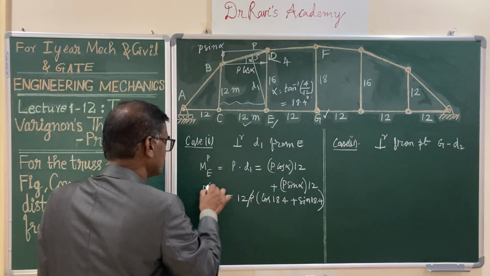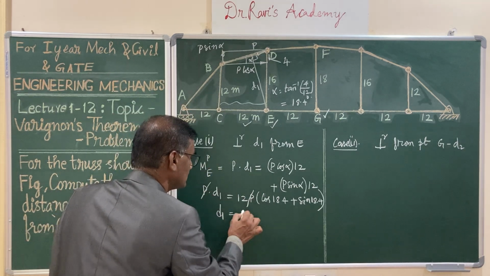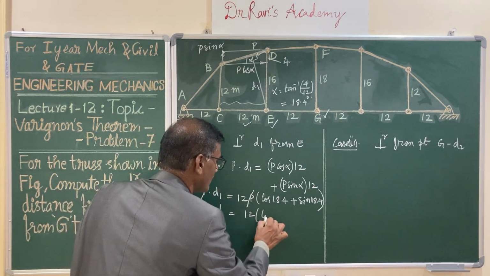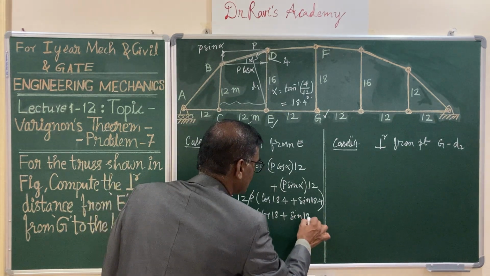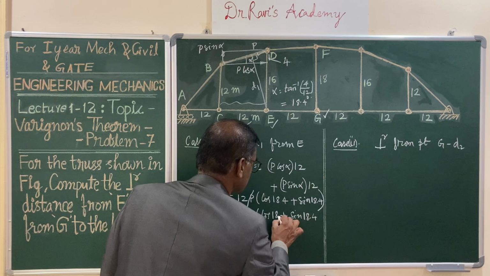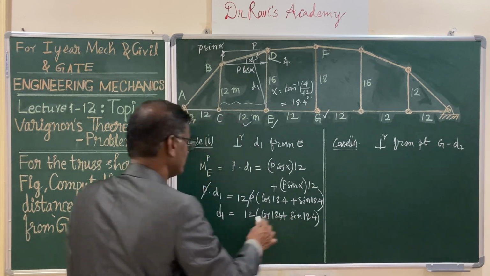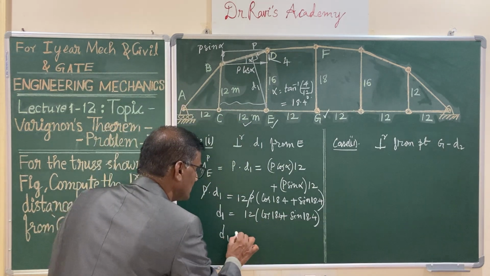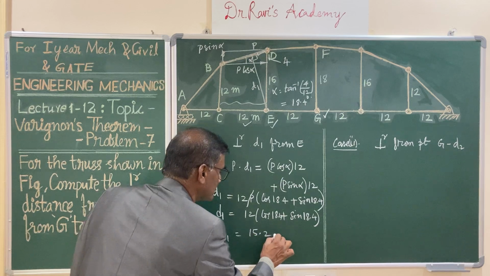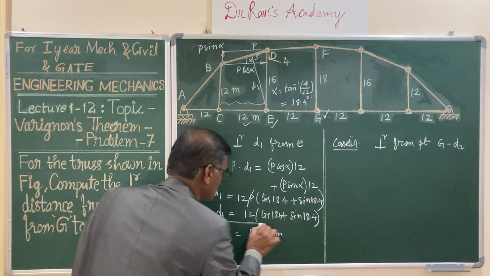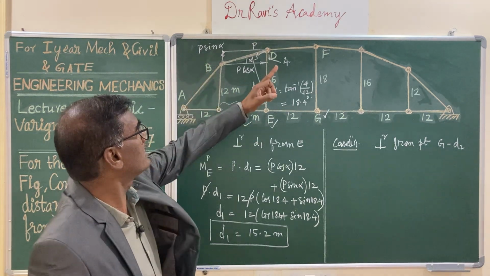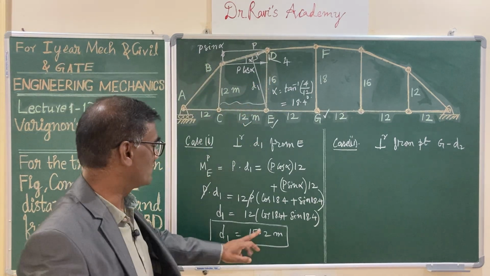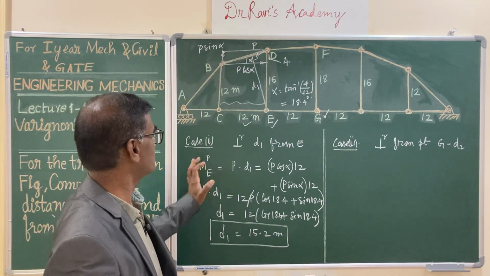Of course P gets cancelled, and D1 is 12 times cos 18.4 plus sin 18.4 degrees. If you simplify this, you are going to get 15.2 meters. This is the answer. So the distance between point E and the line joining BD is 15.2 meters. So this is case 1.